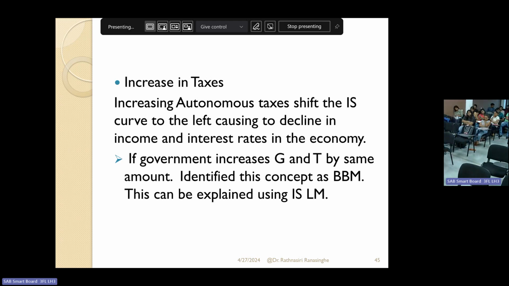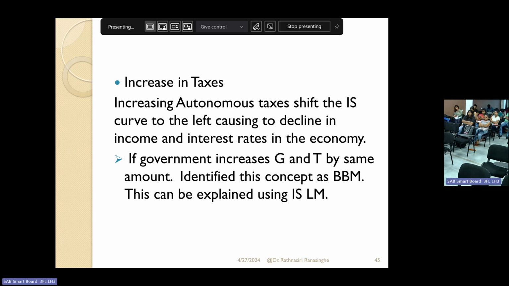If there is a rise in the taxes, that shifts the IS curve to the left. So when there is such a shifting, what happens? It leads to a decline in income and the interest rate.